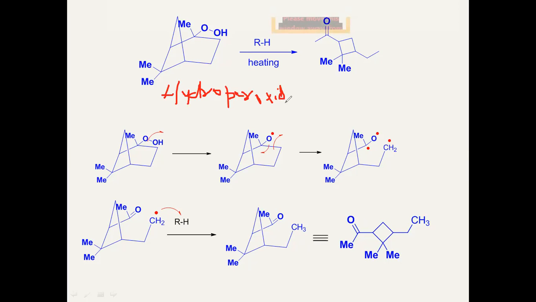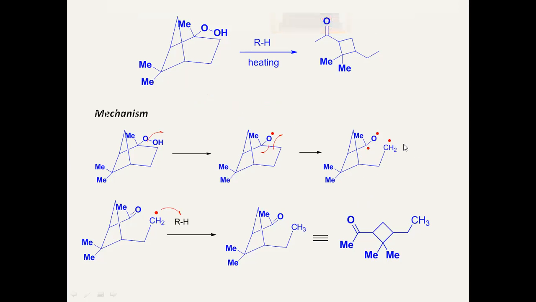Like these examples, many examples are available in the literature. You can collect the information, take the examples, and practice for these questions. So this hydroperoxide undergoes the free radical mechanism or pathway and is converted into ketones. Remember, ketones.